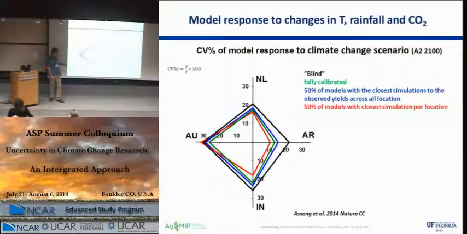But when you then look at the models which did best at the different locations, there's also no guidance for the future. It doesn't mean we take the best 50% models, or whatever number of models, in terms of how they performed in the past. There's no guidance for the future that they are all closest together when it comes to future projections. Yeah.